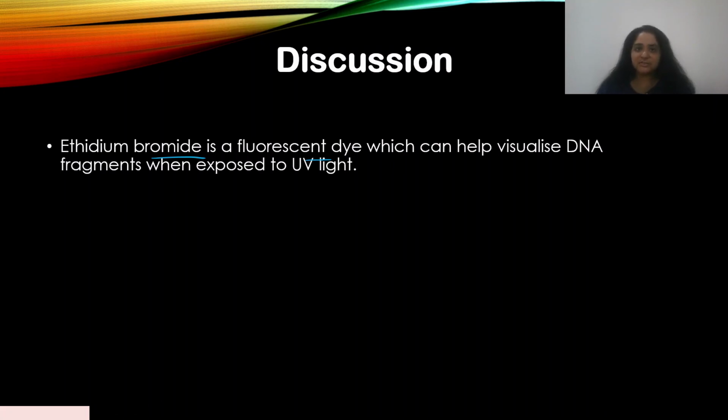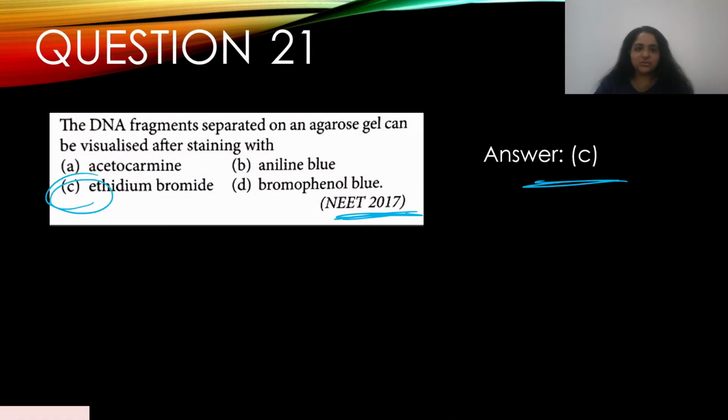You need to stain it with a fluorescent dye, view it under UV light, and then be able to view the fragment lengths of the DNA sample that you want, and compare it against a marker. So that's how it's practically done in the lab. But we've answered the question. It's ethidium bromide, just remember that.